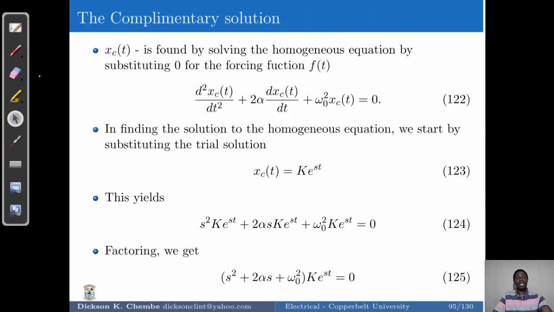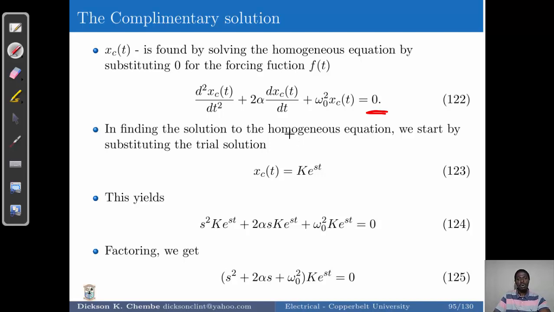Now, to obtain the complementary solution, we have to take the equation as a homogeneous equation and find the homogeneous equation solution, which in this case means we substitute the forcing function by 0, which creates the homogeneous equation.